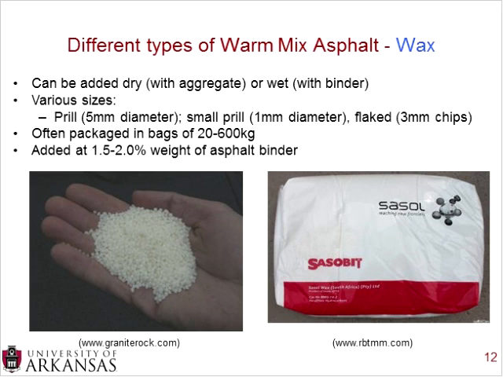Now these are often packaged in bags anywhere from 20 to 600 kilograms. So again, when you're thinking about how you're going to add it into the system, what meets your needs best, what kind of sizes you need, and how much you'll need, it's generally added at approximately 1.5 to 2% of the weight of the asphalt binder.